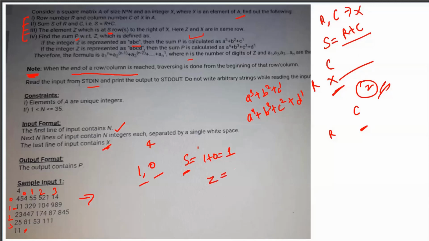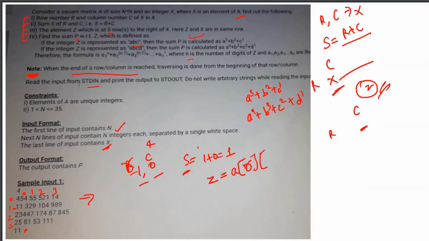So for now, how can we determine the value of z? Z equals the matrix, say a. Let's say you stored the values of row and column in the variables r and c, so let's keep them small. The row is the same for z and x both, right? So a of r, and this is in the right.